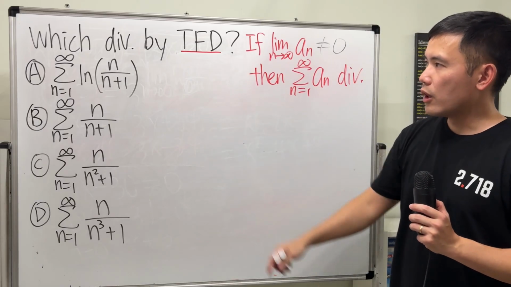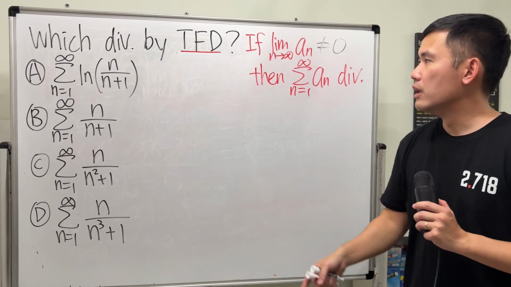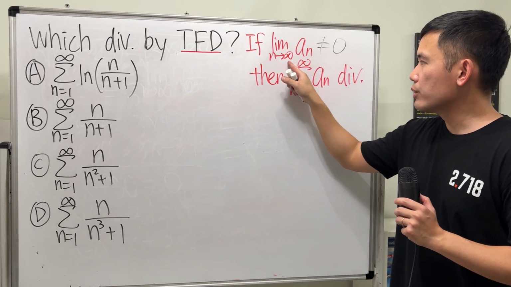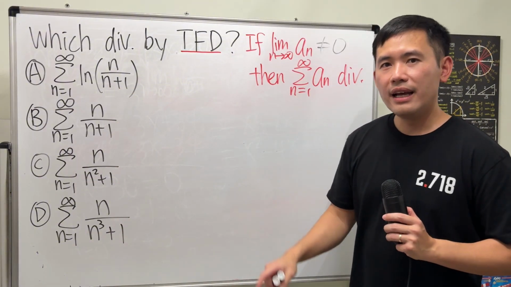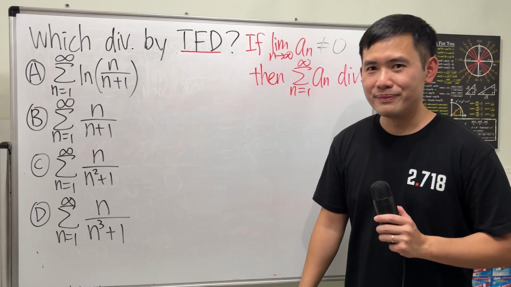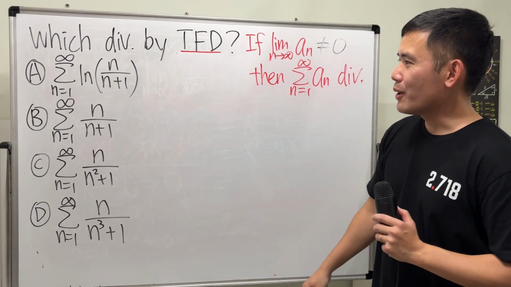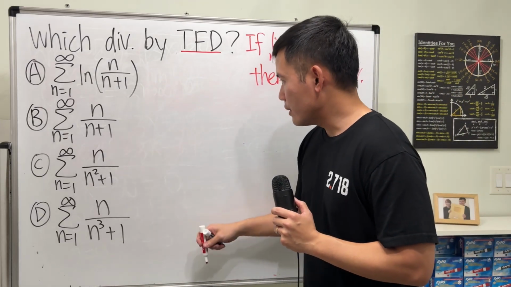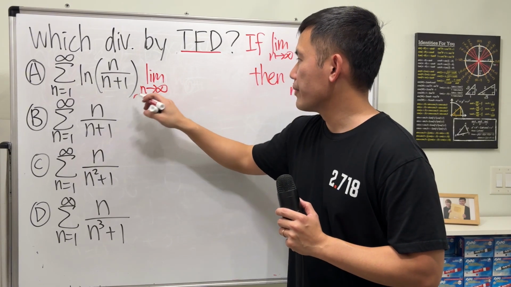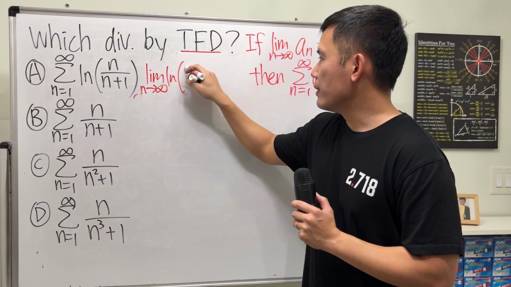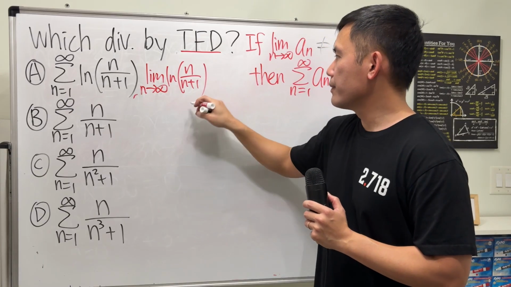But for this one though, all we have to do is to take the limit as n going to infinity of this, and that, and see which one is not equal to 0. Then we'll be done. So here we go. For the first one, we take the limit as n going to infinity of ln of n over n plus 1.